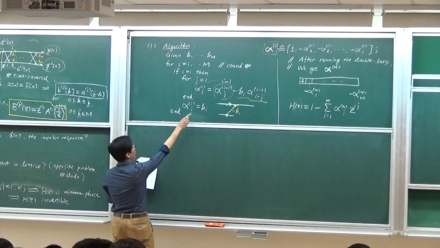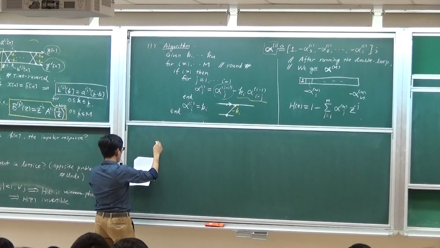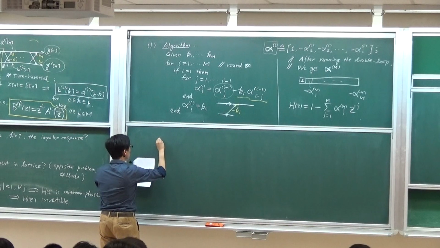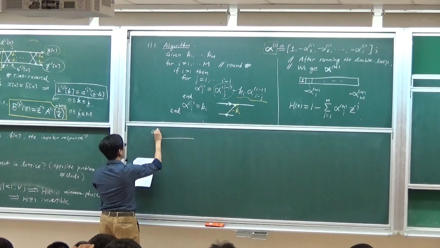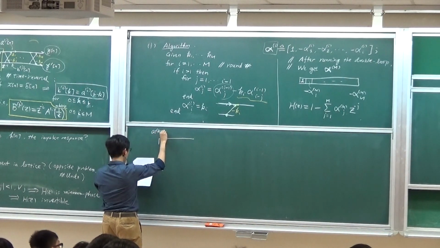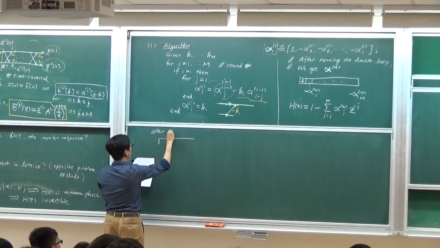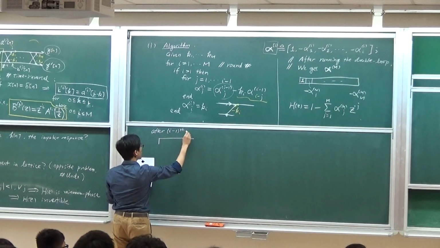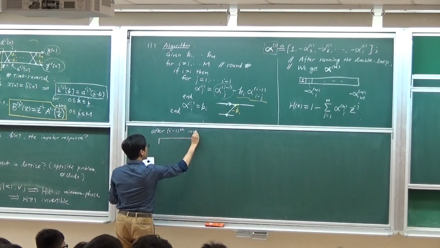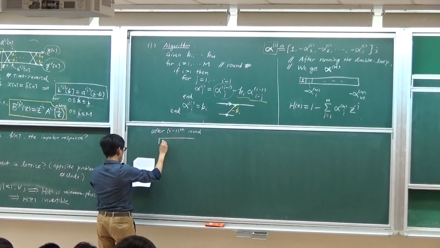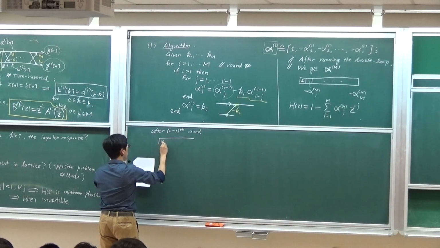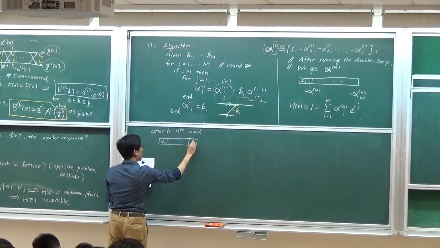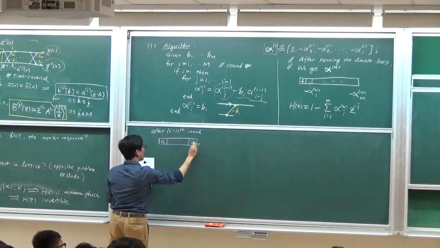So another way to look at that equation over there is that I'm going to propose that suppose that after the I minus 1th round, what you get is alpha 1 to alpha of I minus 1.